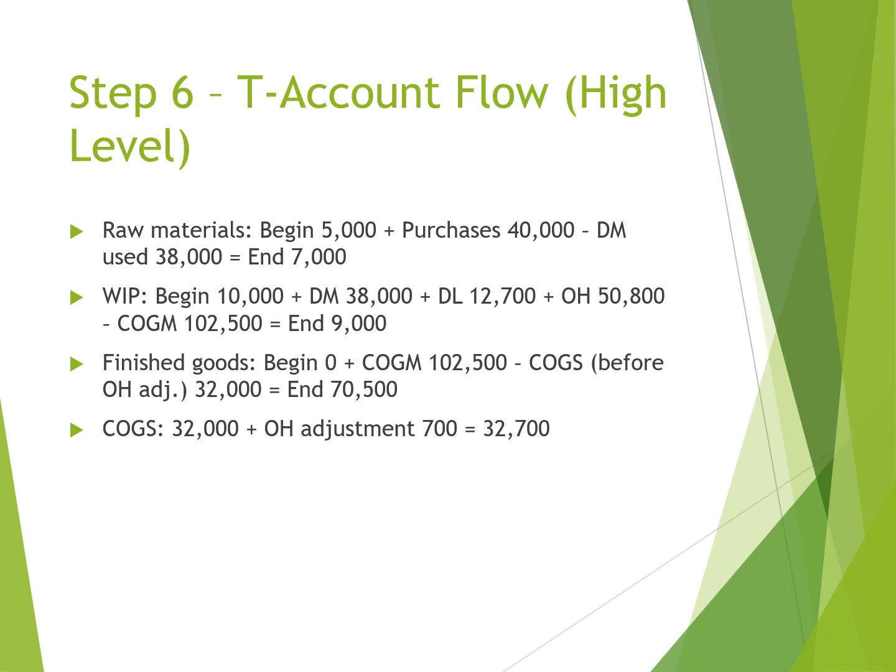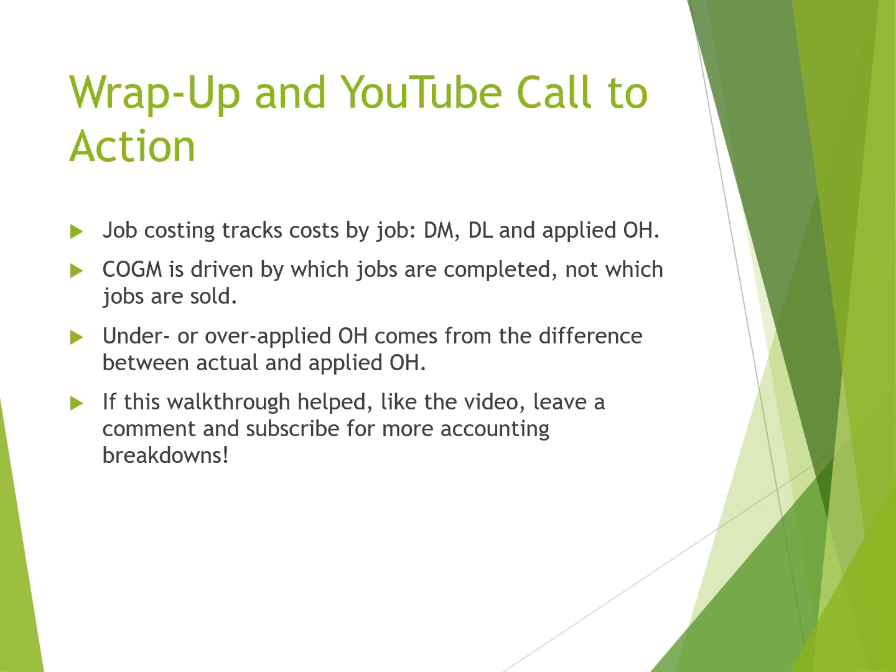And finally, COGS has a job cost of $32,000 plus $700 overhead adjustment for a total of $32,700. So that's the full flow of costs in a normal job costing system, from raw materials to WIP to finished goods to COGS, including how to handle unapplied overhead and how COGM is tied to which jobs are completed.